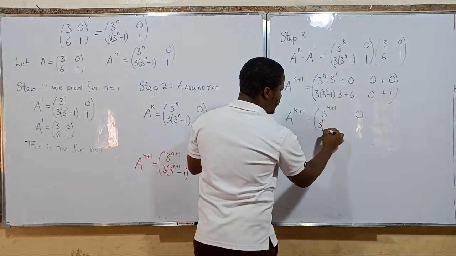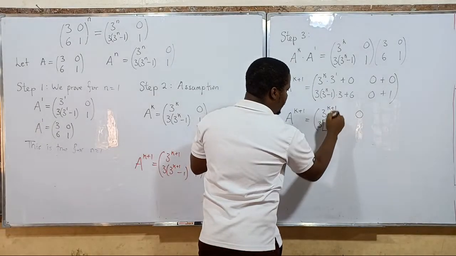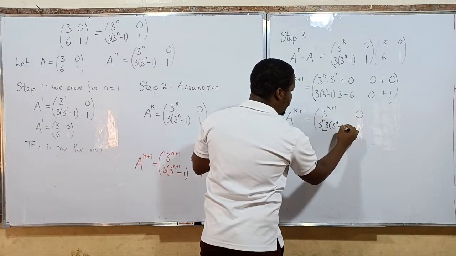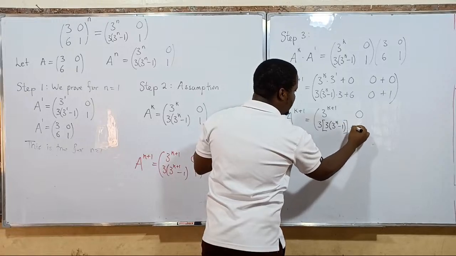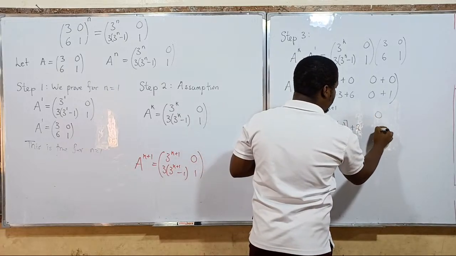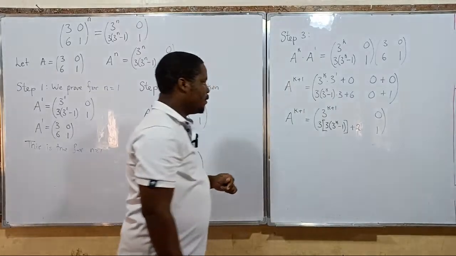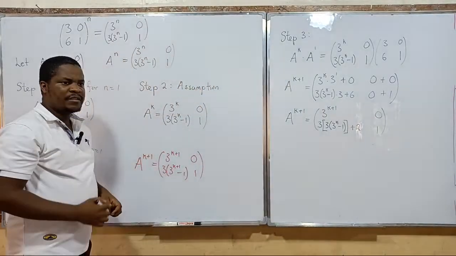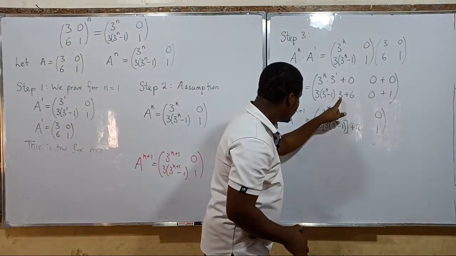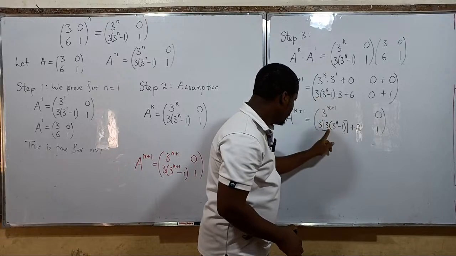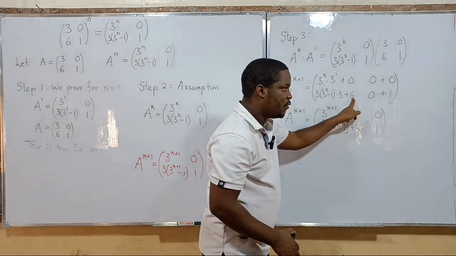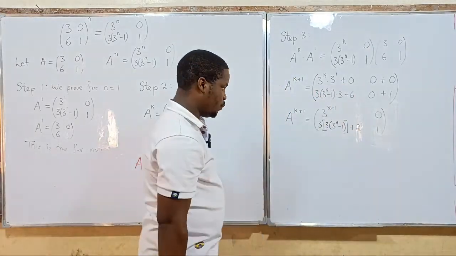If we factor out 3, what remains will be 3, open bracket, 3 to the k minus 1, close bracket, plus 2, not 6. Here we have 1. Is that okay? You understand why it's a 2, right? The 3 that we have factored out is this one here. Whatever we have inside is what we have there. There's a 6 there. We factor out a 3, remain with the 2.